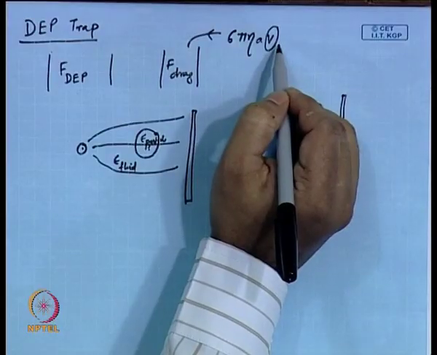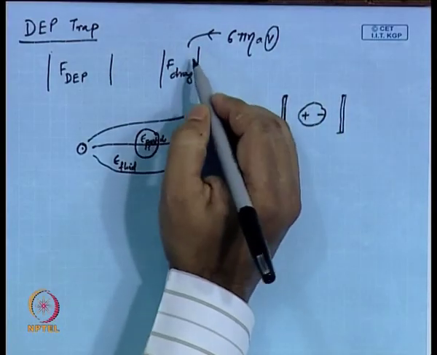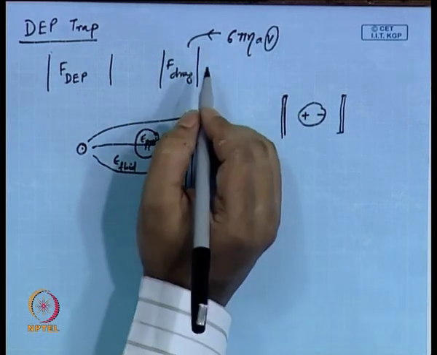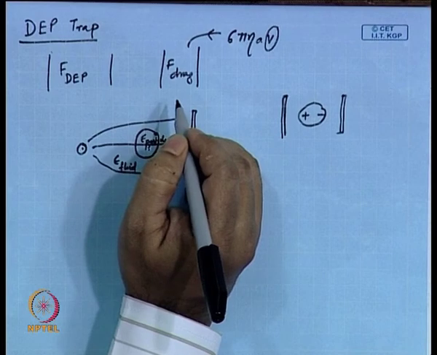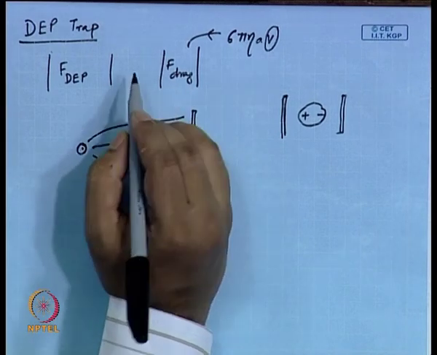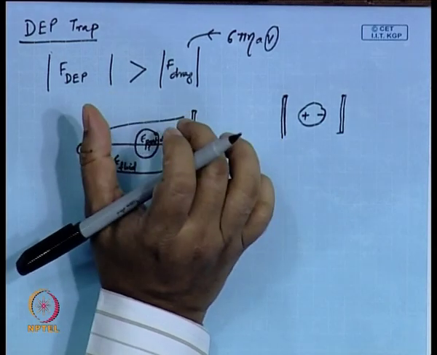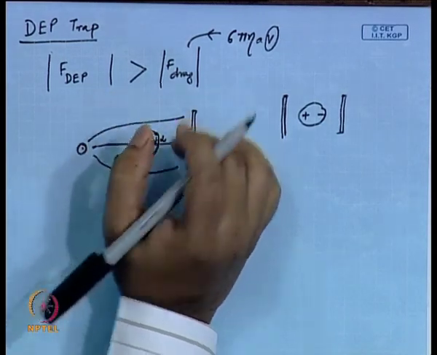We have already given an expression for V in the last class. So, F drag part we understand, and we said that FDEP has to be greater than F drag, then only this DEP trap is going to trap the particle.